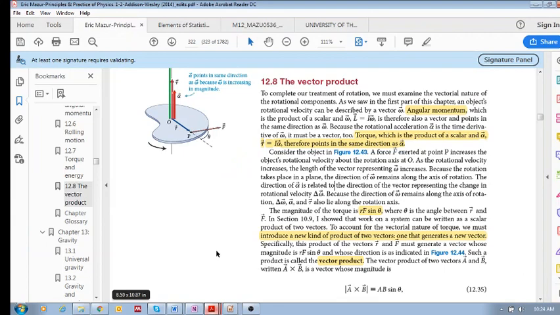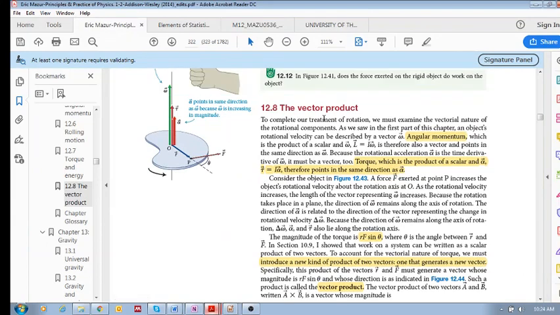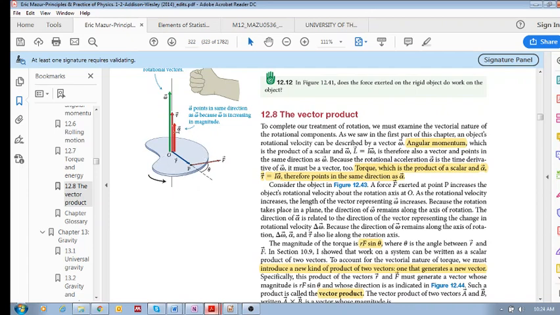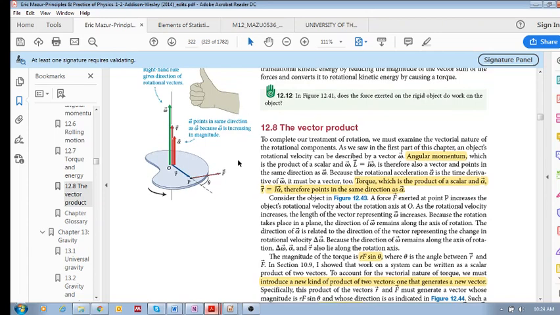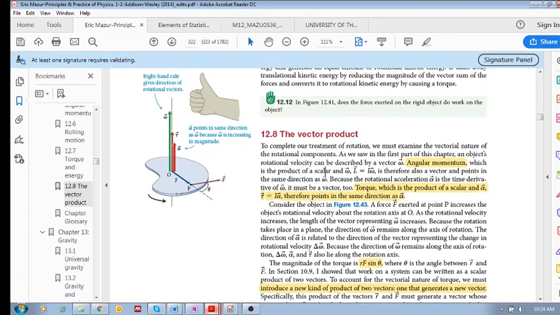We've already seen the right-hand rule when it comes to rotational velocity. If this object is spinning in that direction about that axis, we curl our fingers in that direction, and then our thumb points in the direction of the rotational velocity vector. Your thumb gives that rotational velocity a direction.